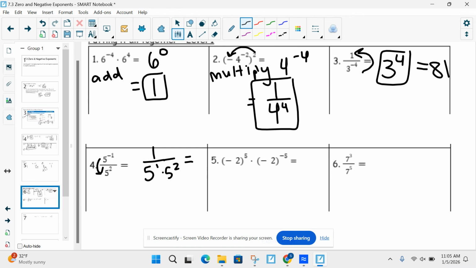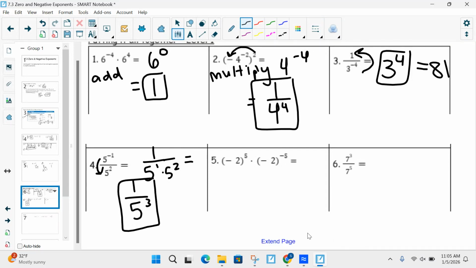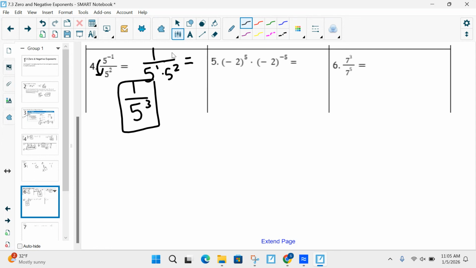How many? 3. So you would write it as 1 over 5 to the 3rd power. And because here you would add the exponents. So that's 1 over 5 to the 3rd. So I move this down here. So this 5 added with the 2 that were already there.